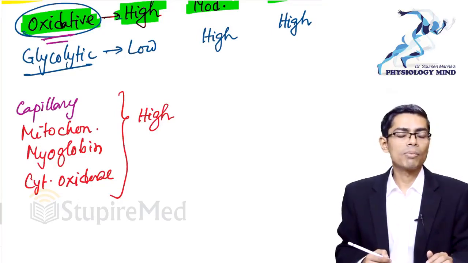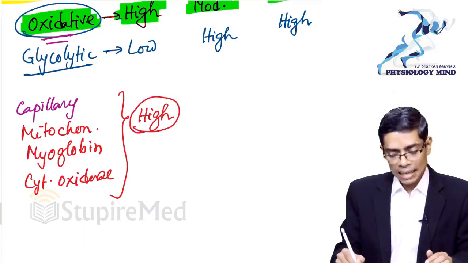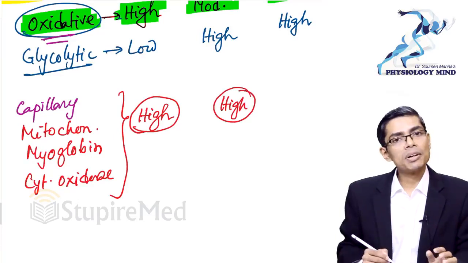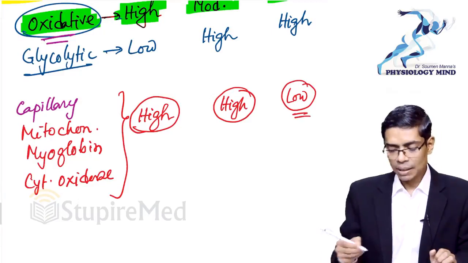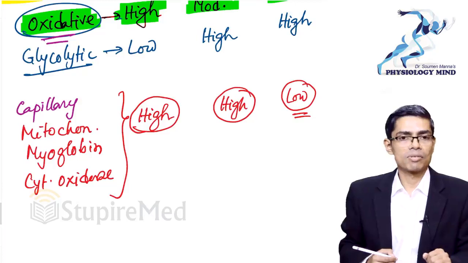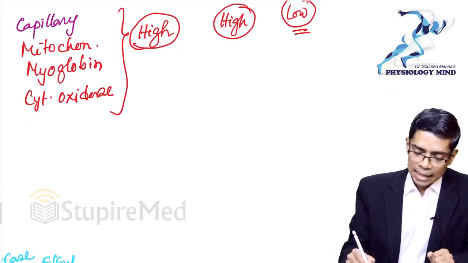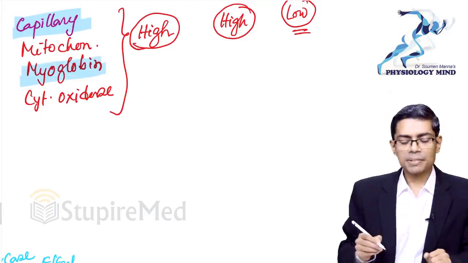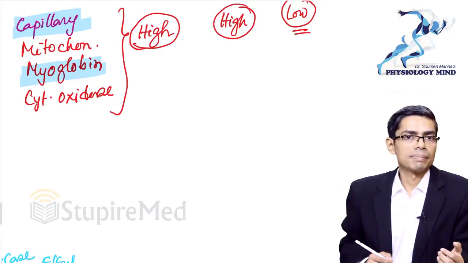Okay, so look at which muscle fibers are oxidative. Type 1 fiber, type 2A is also high here, but type 2B is purely glycolytic fiber. So this will be very low. So capillary density will be less, mitochondria will be less, myoglobin will be less, cytochrome oxidase enzyme will be less. Now, if the capillary density is very high and the myoglobin is very high, what will be the color or appearance of the muscle?